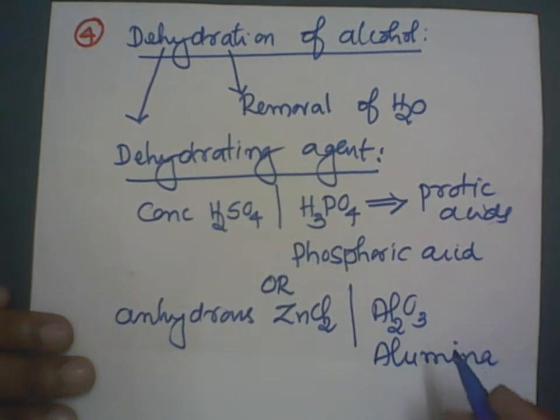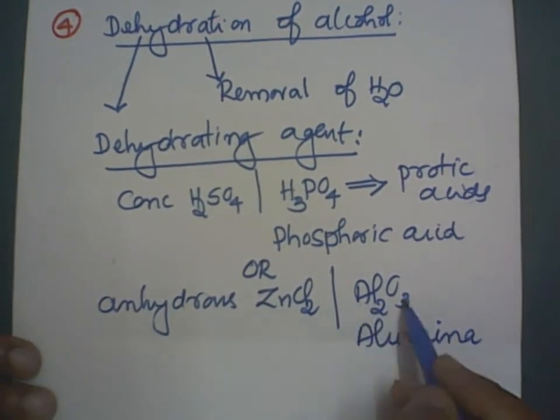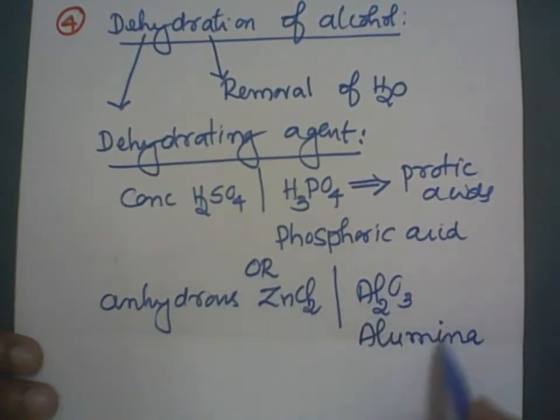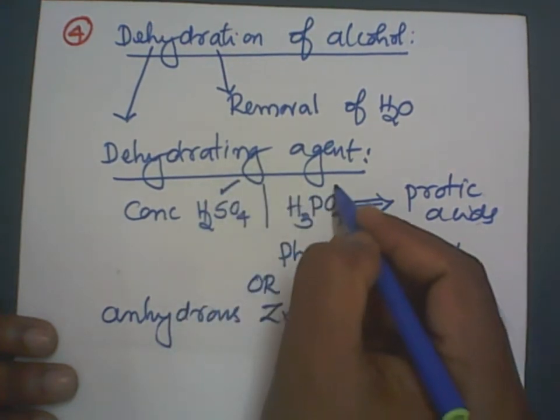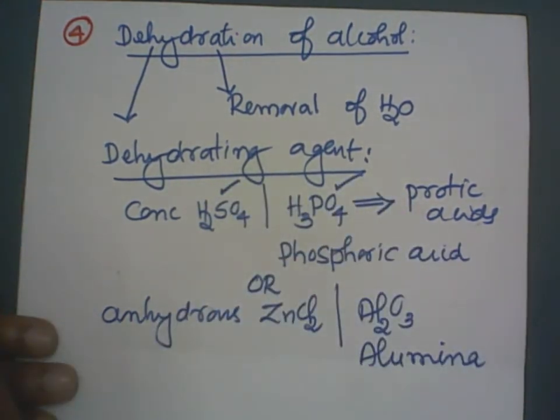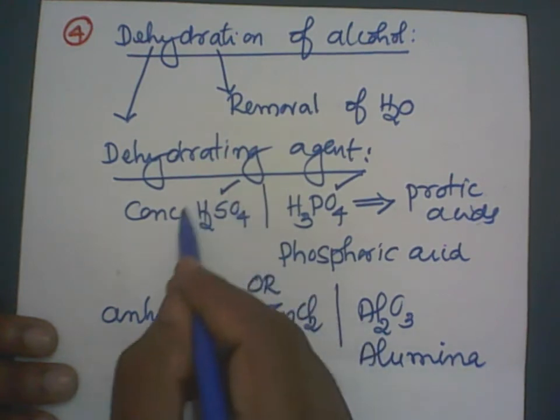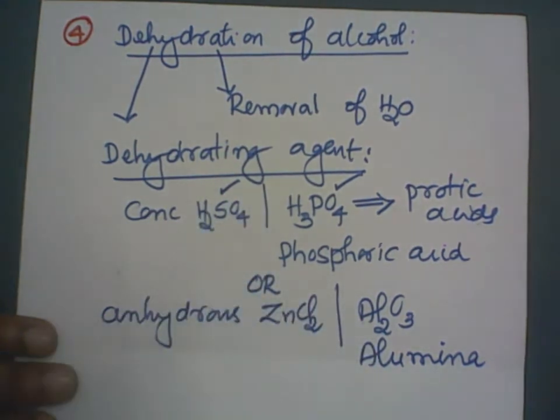Alumina is a common name, meaning aluminium oxide. Even these can act as dehydrating agents, but our studies are restricted to sulfuric acid and phosphoric acid. We are going to study the mechanism of dehydration of alcohols later.